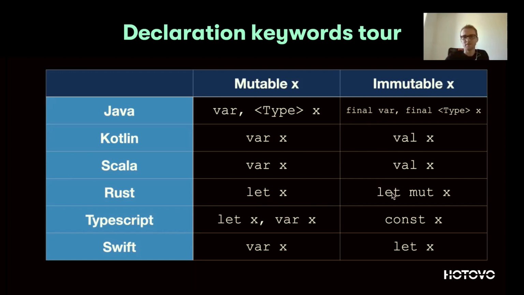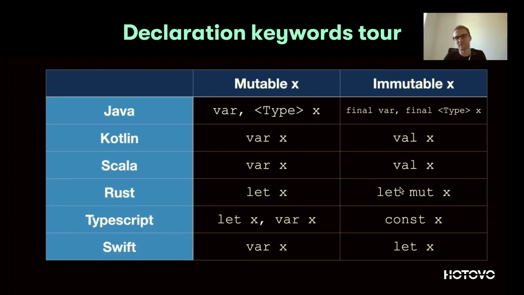With Rust, this is an example because by default variables in Rust are immutable, and this is wrong. Sorry, this should be the other way around. So actually let mut x is mutable.